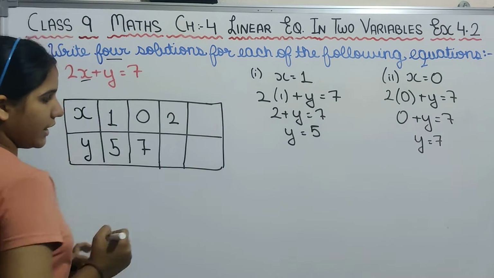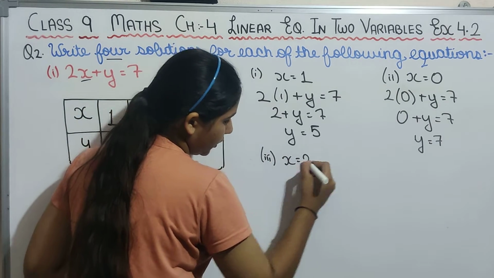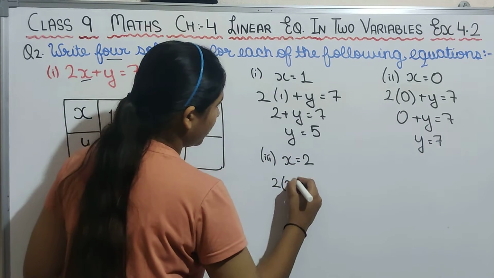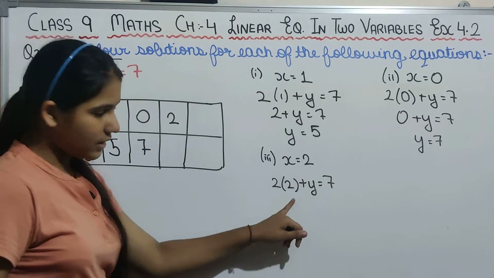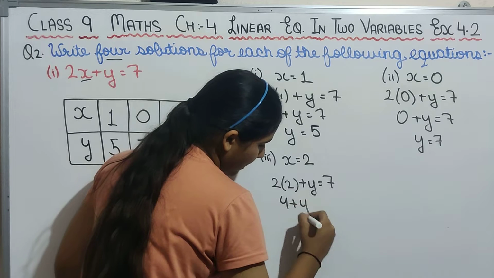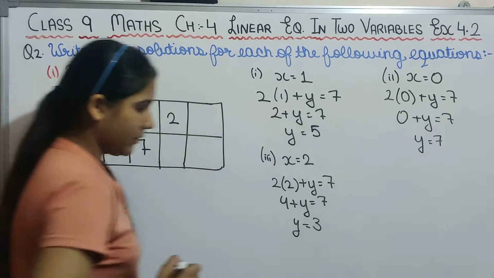Let's take the value of x as 2. If x is equal to 2, then 2 into 2 plus y is equal to 7. 2 2s are 4, plus y is equal to 7. Then y is equal to 7 minus 4, that will be 3.